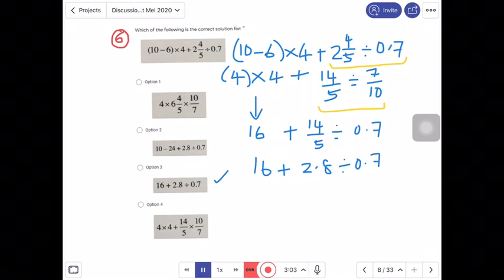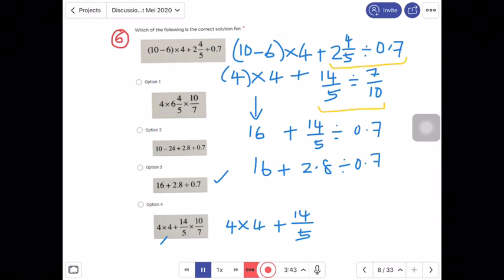Okay, if we look at it again, so 4 times 4, yes, same like what we do for this one. 4 times 4, okay, it's correct, and then we plus 14 over 5, and multiply 10 over 7. Okay, where does he get 10 over 7? Actually, it's from here.